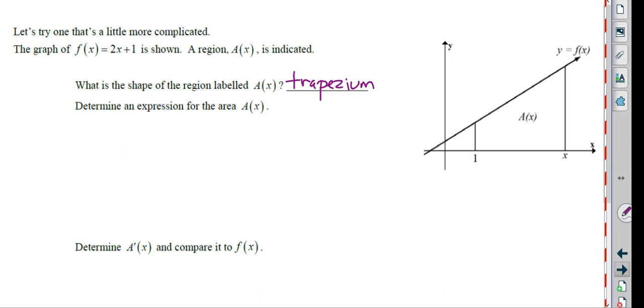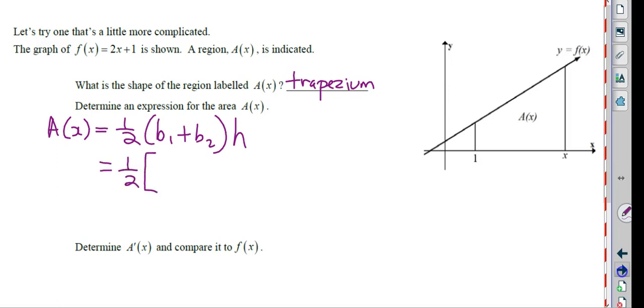So it's the formula for the area of a trapezoid, right? So A of x is 1/2 times (b1 plus b2) times h. So what's b1? f of 1.